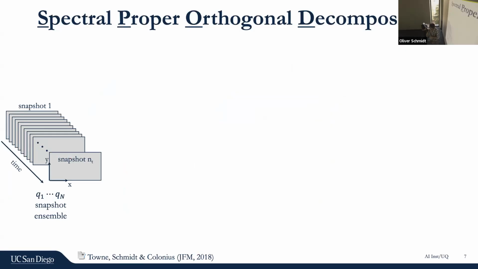And I found that the easiest and quickest way to explain SPOD is actually through the algorithm. Here's the algorithm. We start with a snapshot ensemble, and you can just imagine this as a video, right, that plays from here to here. So this is the time direction. We have 1, 2, 3 spatial dimensions.